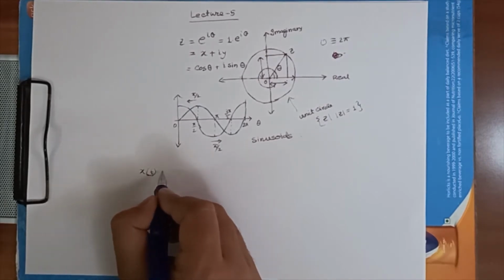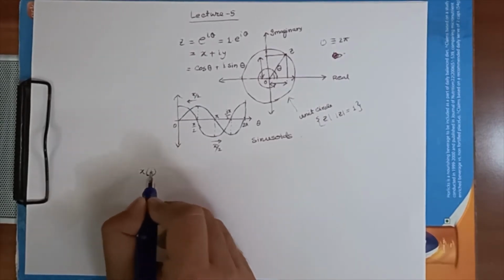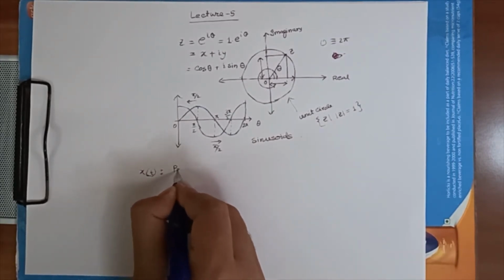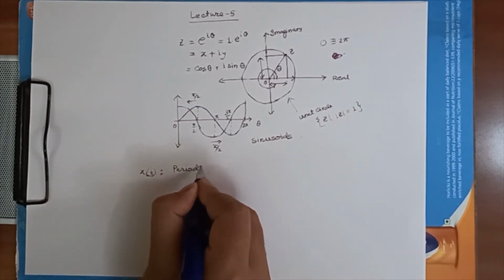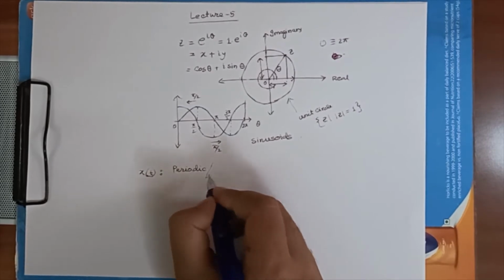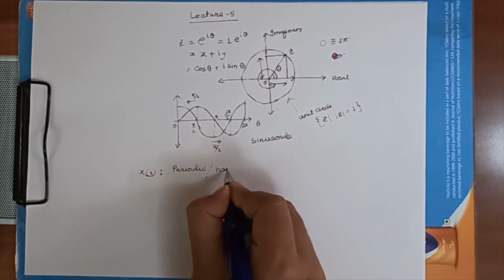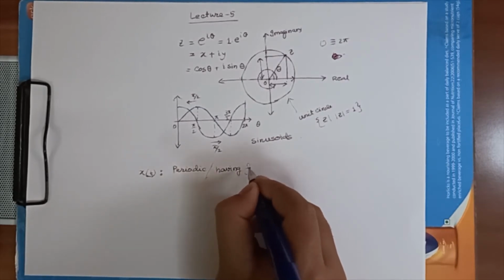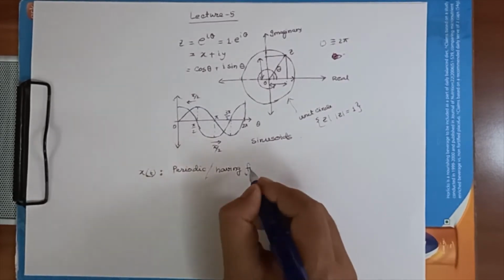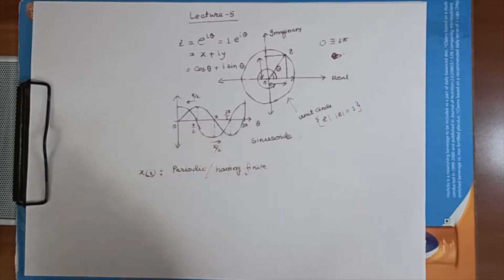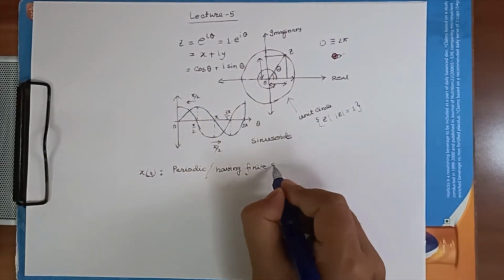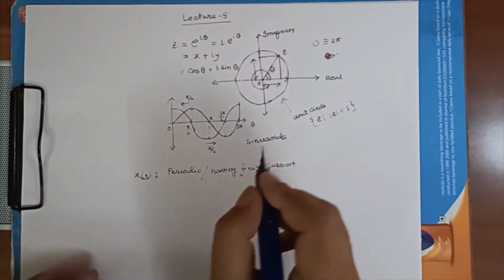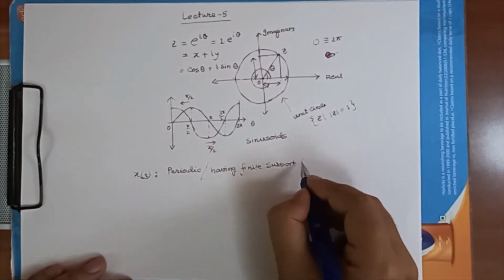I am writing the Fourier series first: for any signal x(t) which is periodic, or defined over the unit circle, having finite support.